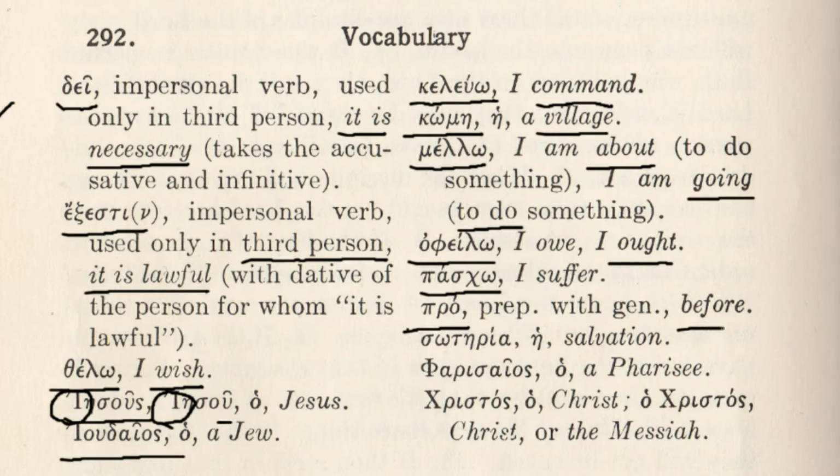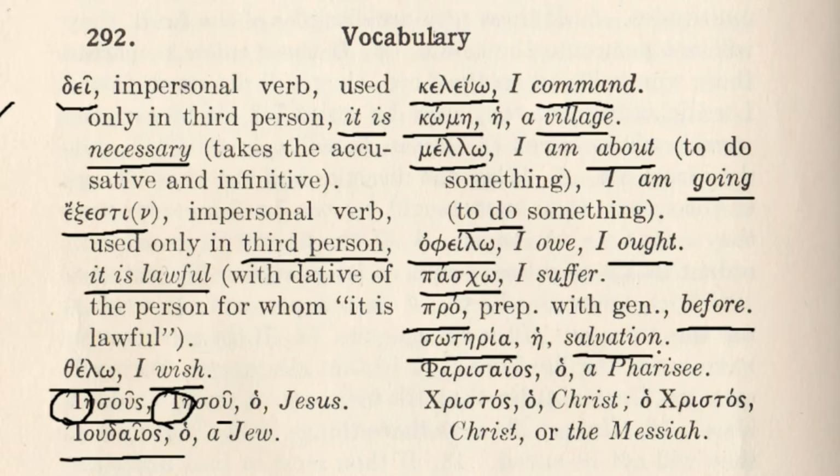We have, of course, many English words that use some form of the word pro. We have the word proceed, for example, and various other words. Pro simply means before with the genitive case. Soteria, we've had soter, savior. This is soteria, salvation, and it's a feminine noun, obviously very common in the New Testament.